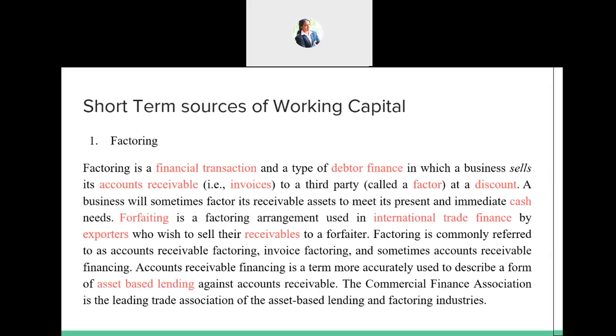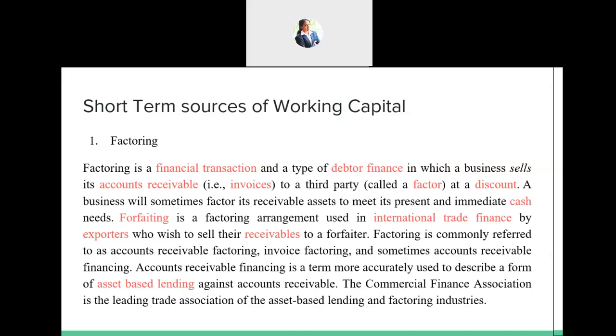There are chances that sometimes these factoring facilities can lead to aggressive chasing of outstanding invoices from clients, and also might result in loss of the company's credit function.